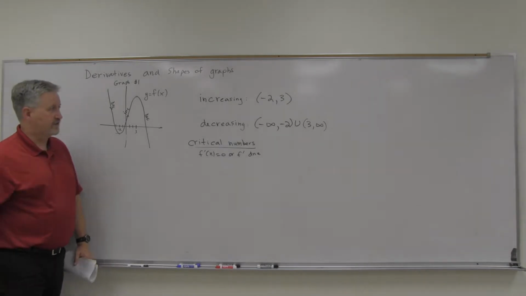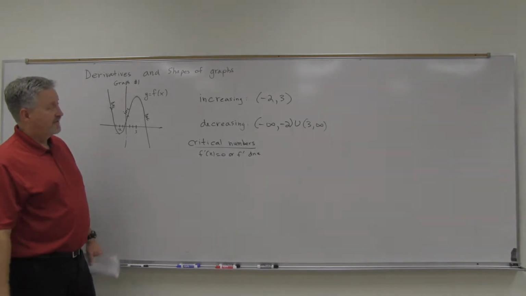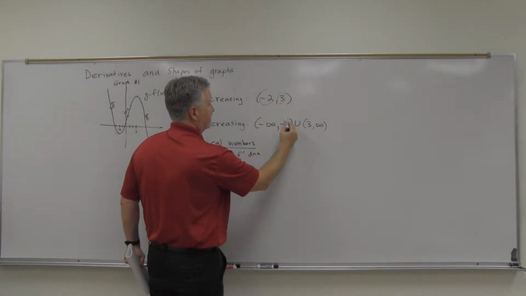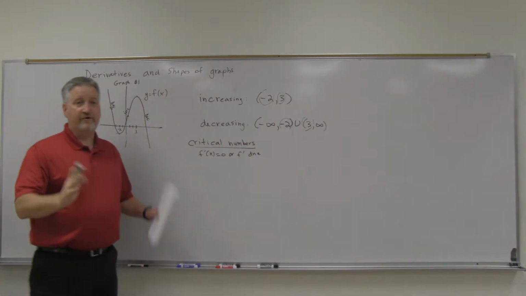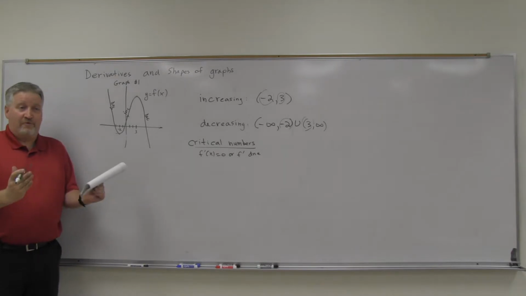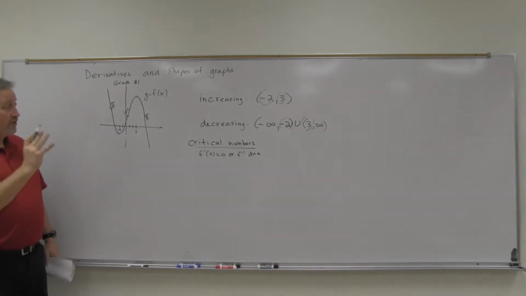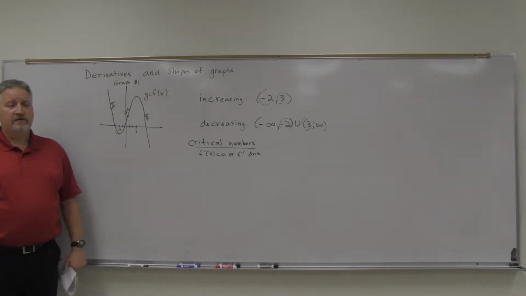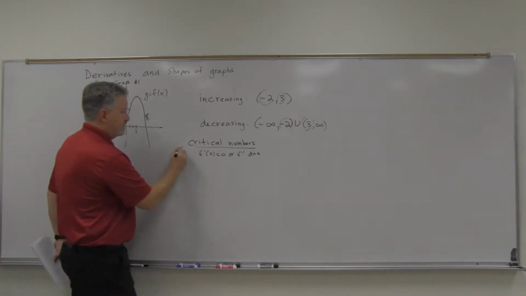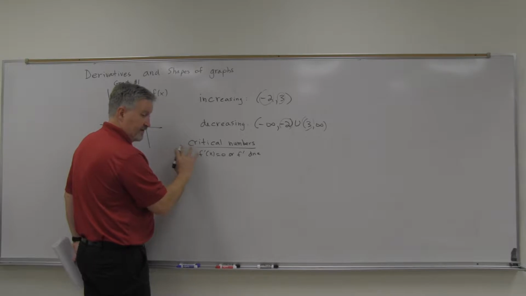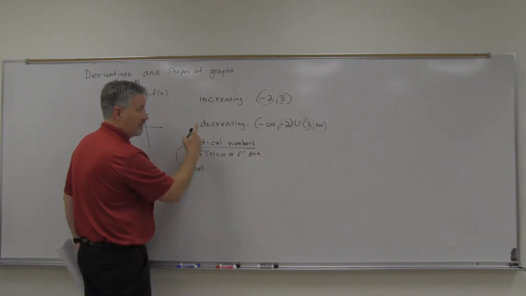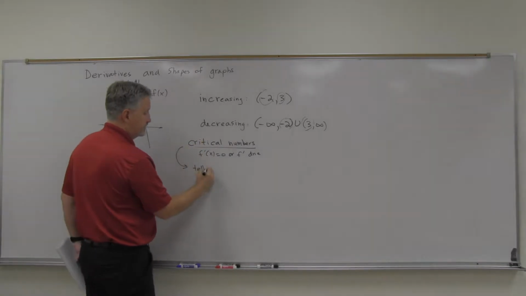Now, why do I mention those here at this particular point? Well, do you notice anything about -2 and 3 in our increasing and decreasing intervals? Those are the endpoints of the intervals. So what we can gather from the graph here is that the critical numbers tell us where the endpoints are for our increasing and decreasing intervals.